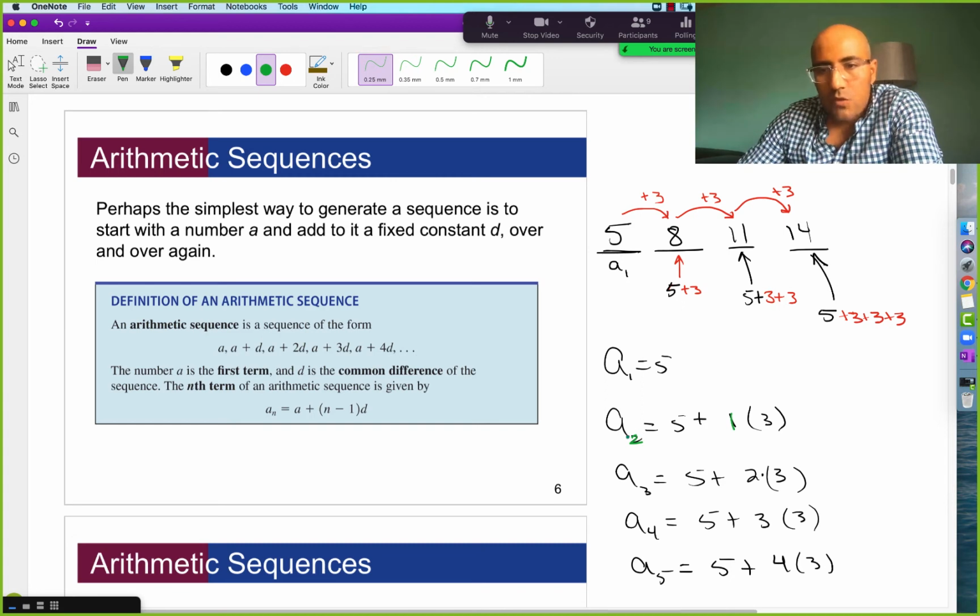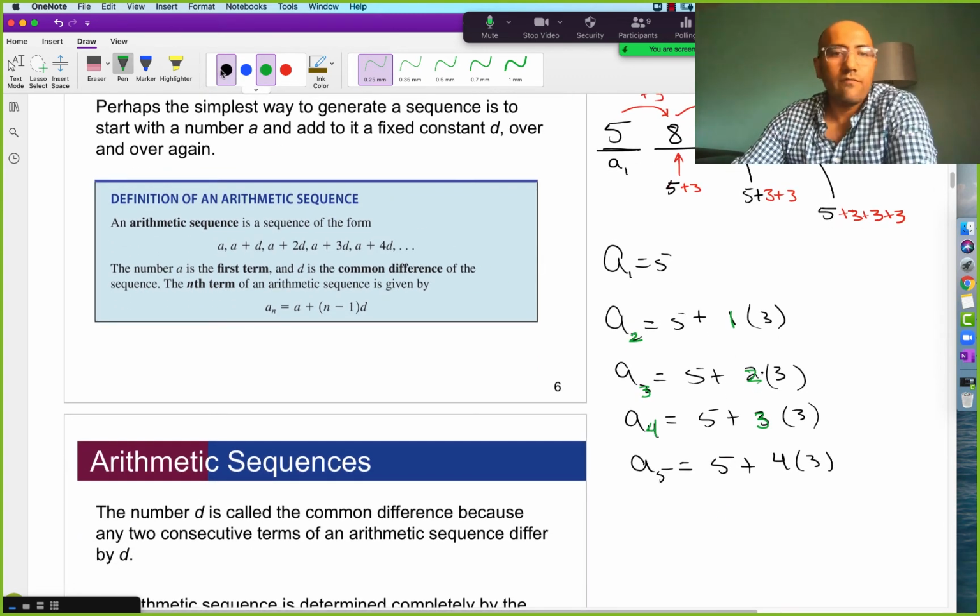To find the second one on the list, we start with the initial value and add 1 copy of 3. To find the third one on the list, we start with the initial value and add 2 copies of 3. Right? So the relationship between this number and this number is that this one is always 1 smaller than that one. Good.